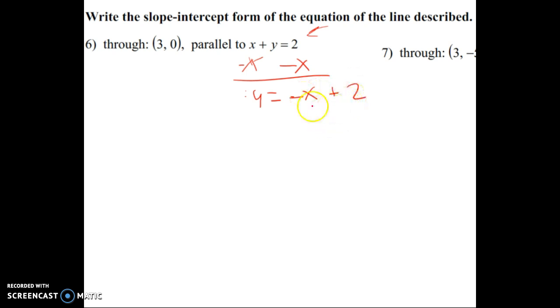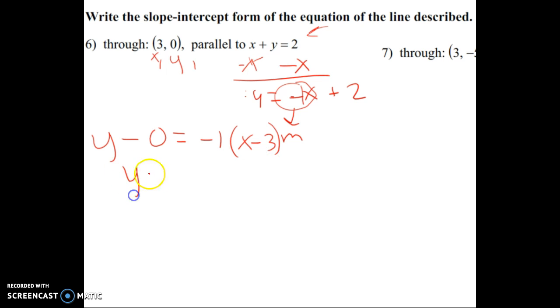Well, the negative x, that's a negative 1. The slope is negative 1. It's parallel to that line, so it has a slope of negative 1 also. The point it goes through is x1, y1 here. So y minus y1 is 0 equals negative 1 times x minus 3. Y equals negative x plus 3, because we distribute.